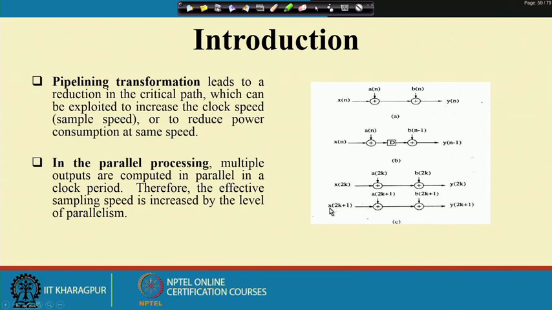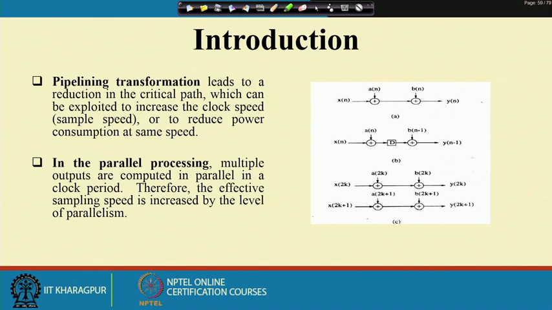For this processing element I can put x2k, and here I can put x2k plus 1, and I can produce y2k and y2k+1 at the same time. So, if I copy the processing element by a factor of 2, I can increase the sampling speed by a factor of 2.